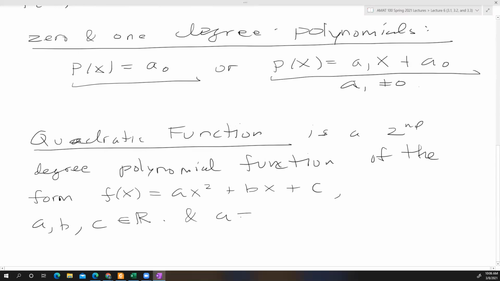And A is not 0. Otherwise, if A were 0, it would just reduce back to the 0 or 1-degree polynomial case, which we already know how to handle.